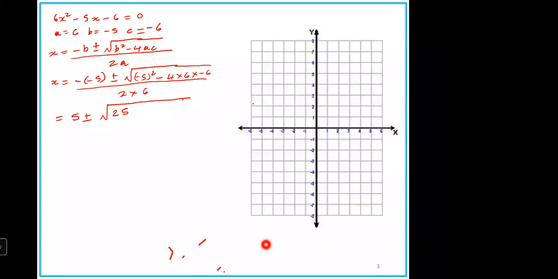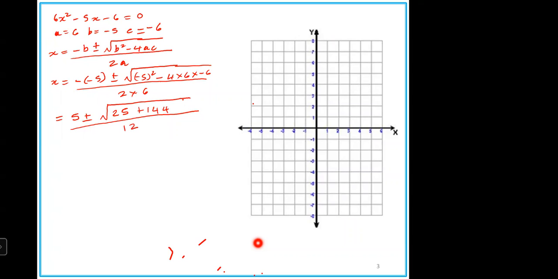Okay, 4 6s are 24, and then we're going to multiply 6 times 24. 6 times 24 equals 144, and that's going to be a positive 144 because you have two negative signs here, so that's plus 144, and that's going to be over 12.